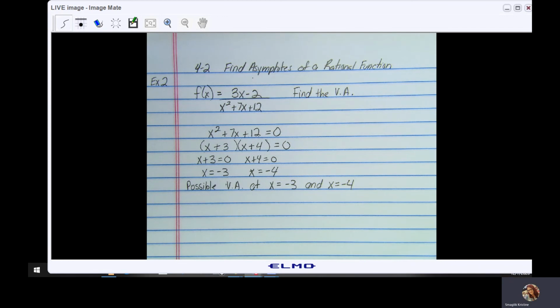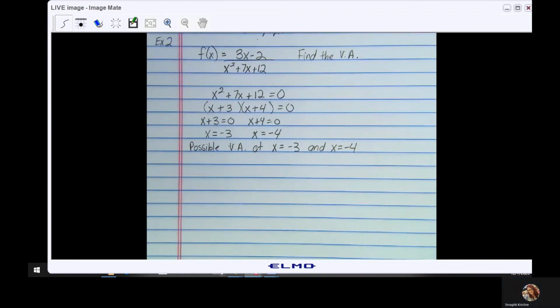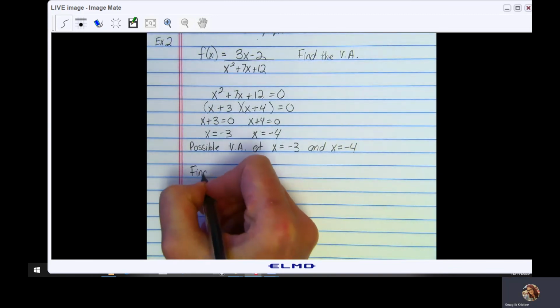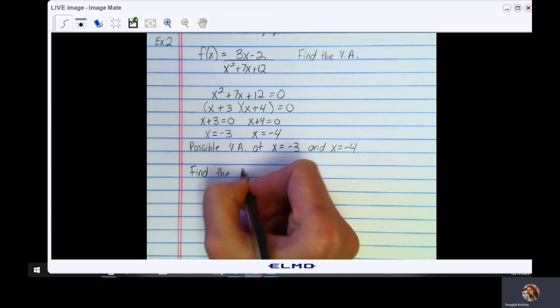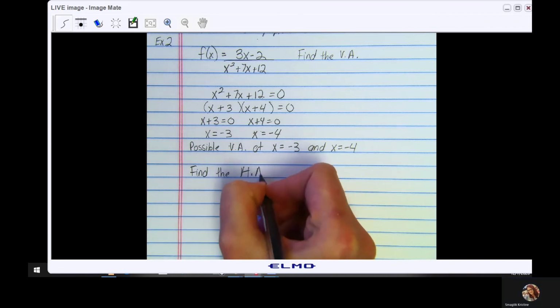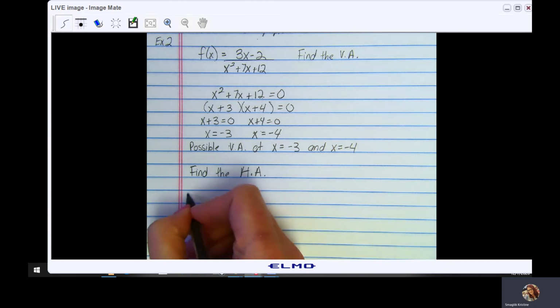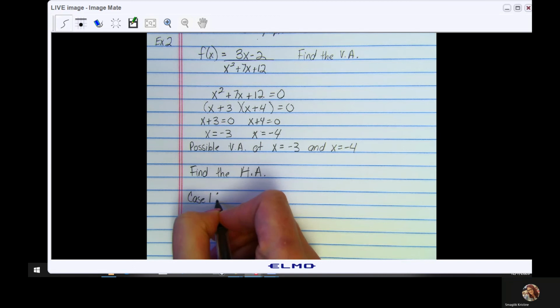Now let's talk about finding the horizontal asymptote. We have some little tricks that you can use to get at those asymptotes. So here we go. Let's title this Find the HA. So we're going to have a few different cases. Case 1.